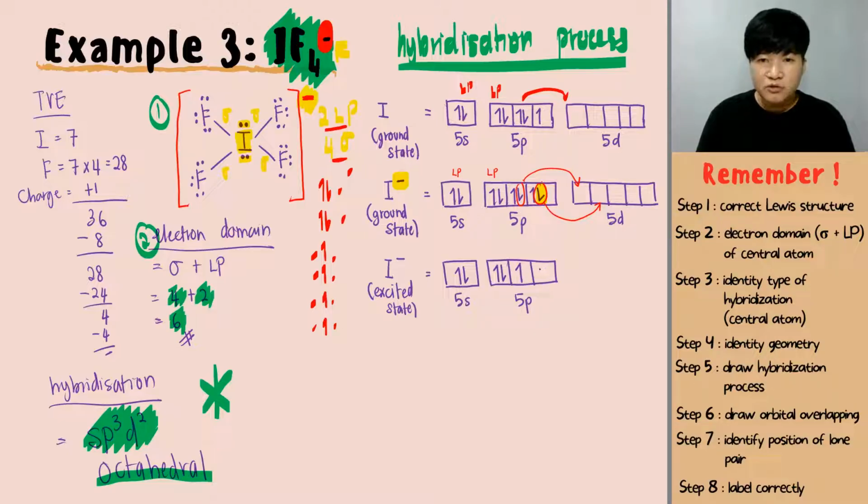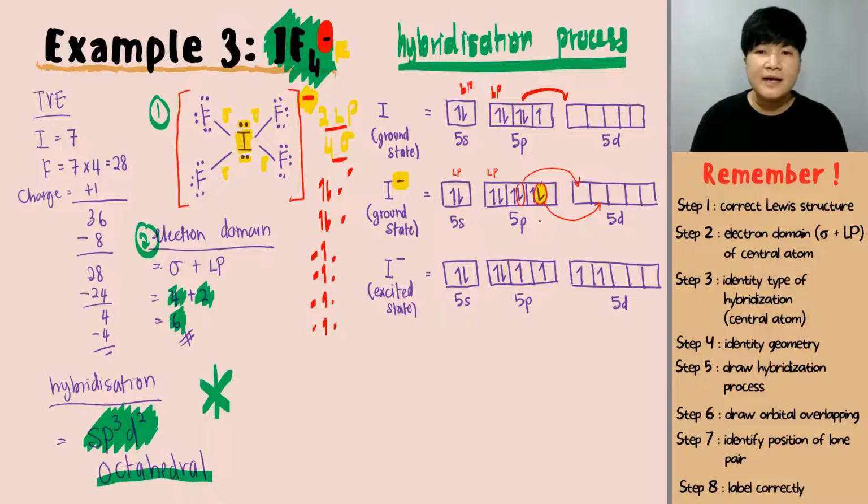Another box will also change to a single unpaired electron. While the 5d that was empty just now will no longer be empty. Your 5d will have 2 extra single electrons that are excited from your 5p. See that? That is your hybridization process so far.